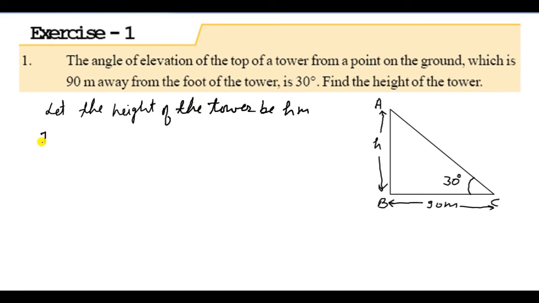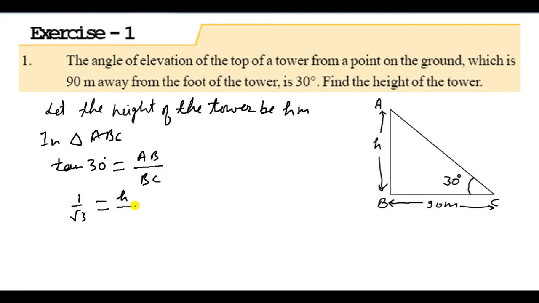So in triangle ABC, what will happen? Now taking tan, tan of 30 degree will be equal to AB upon BC. Tan 30's value is 1 by root 3, and AB, that is h, and BC is 90 meters.